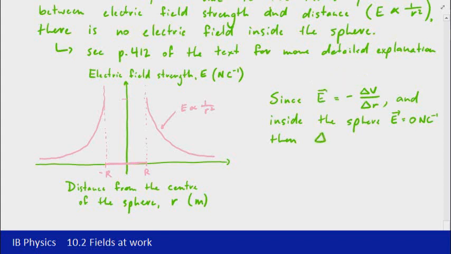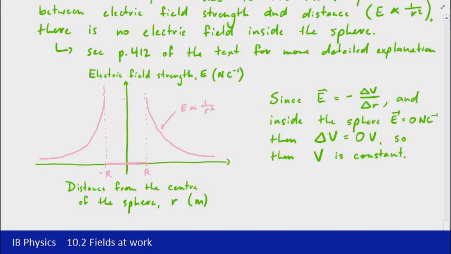So we know that delta V is equal to 0 volts, so the change in the voltage is 0. So that then means that the potential V is constant inside the sphere. So inside the sphere, V is going to be constant.